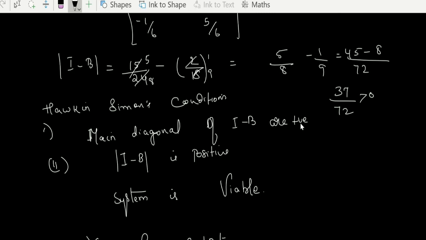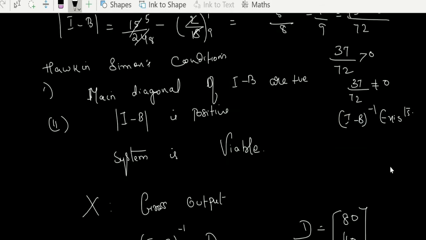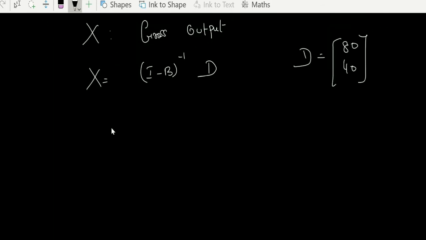It is not equal to 0. We already got 37 by 72 is not equal to 0. So I minus B inverse exists. If it is not equal to 0, inverse we can find. So what is I minus B inverse? What is the formula to find inverse?